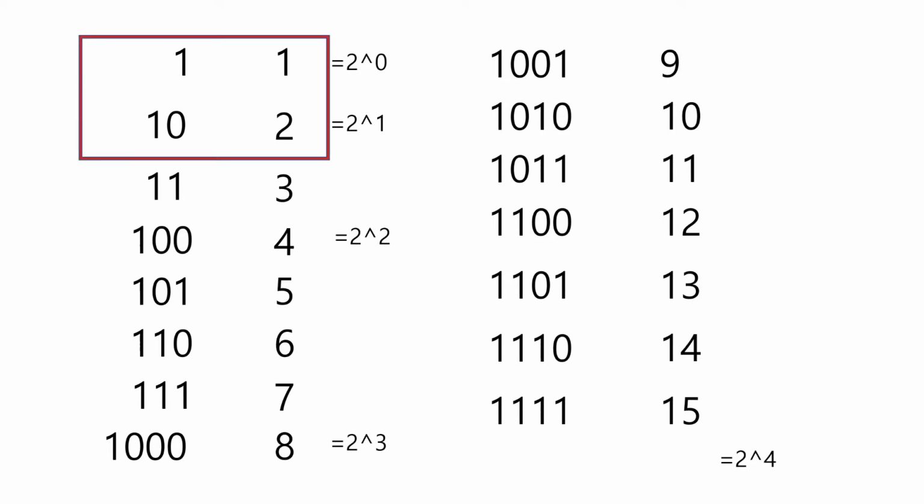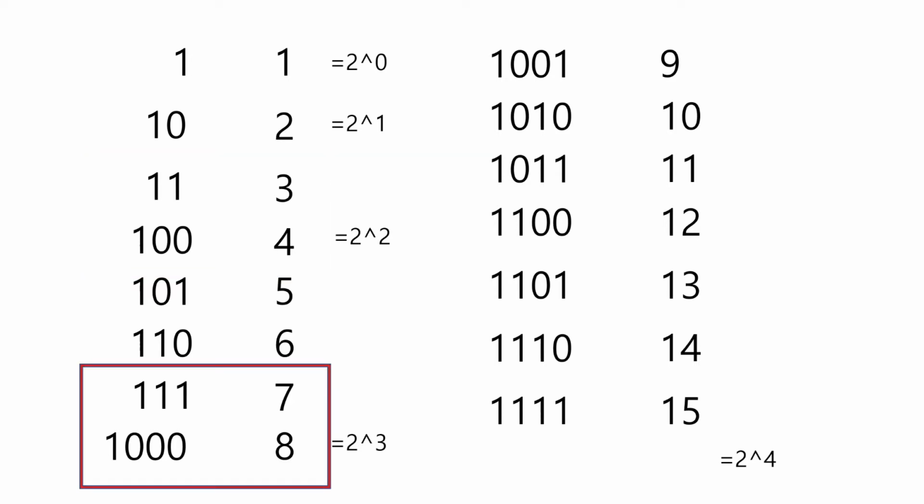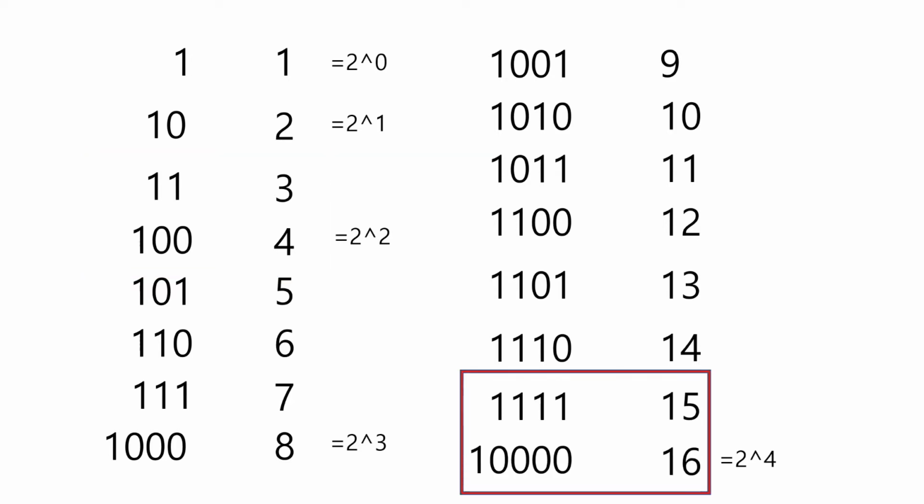If you see 1 and 2, I'll show you more examples, then you can find the rule between two numbers. Why did I use red rectangles between those numbers? 1 and 2, 3 and 4, 7 and 8, and 15 and 16. Do you get why I highlighted those two numbers?